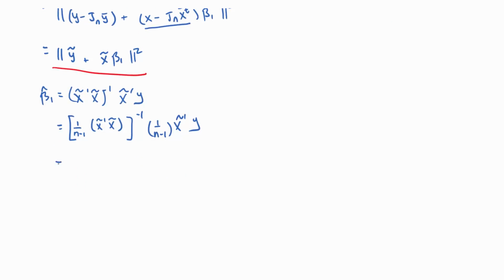If we look at this equation now, 1 over n minus 1 times x tilde transpose x tilde is the empirical covariance matrix of the x's. And 1 over n minus 1 times x tilde transpose y gives all of the empirical cross covariances between y and x.